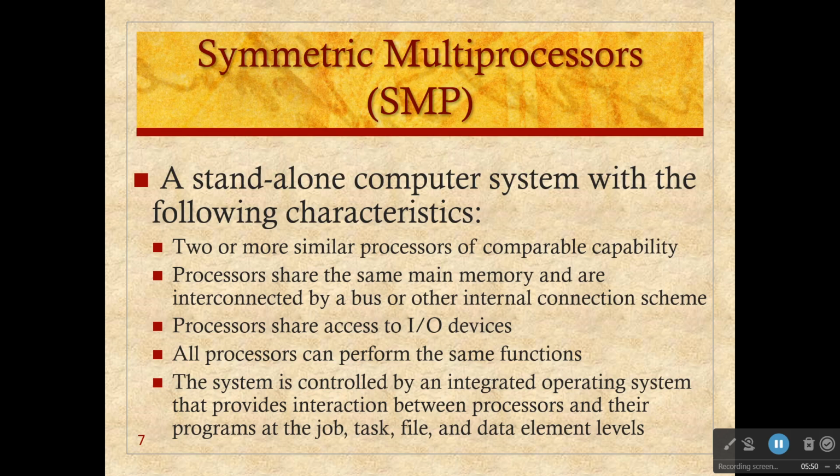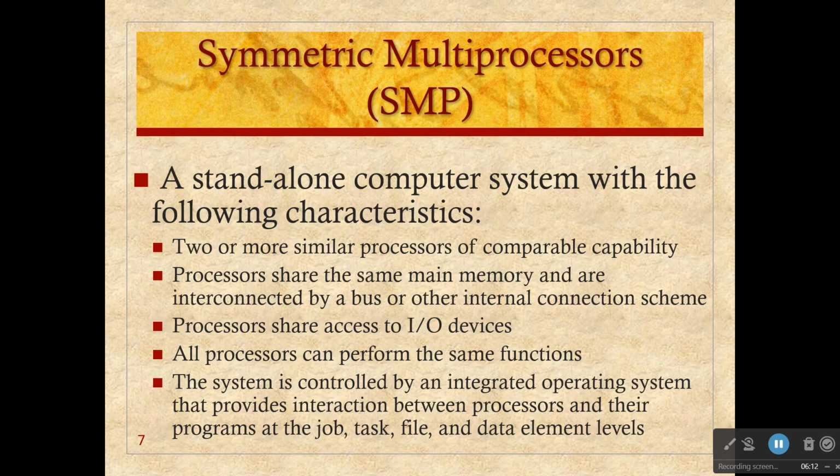4. All processors can perform the same functions, hence the term symmetric. 5. The system is controlled by an integrated operating system that provides interaction between processors and their programs at the job, task, file, and data element levels. Points 1 to 4 should be self-explanatory.